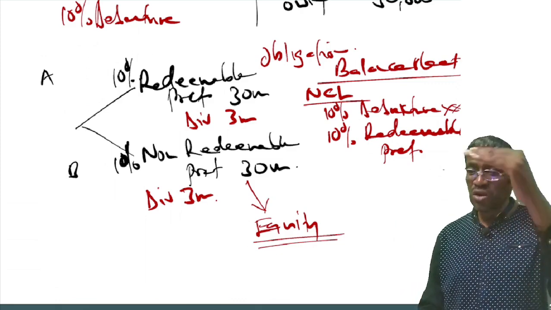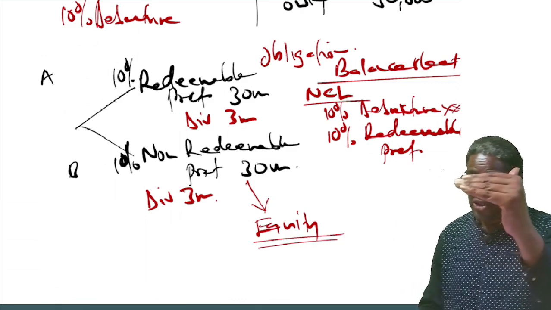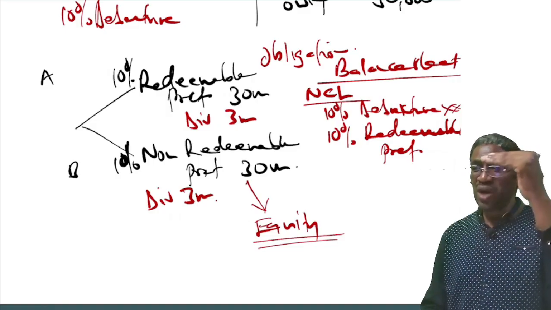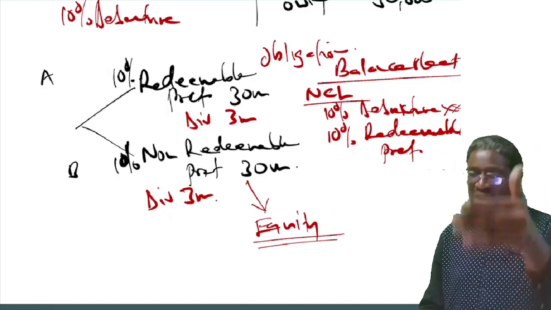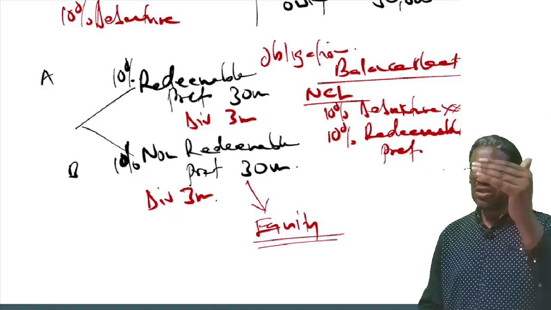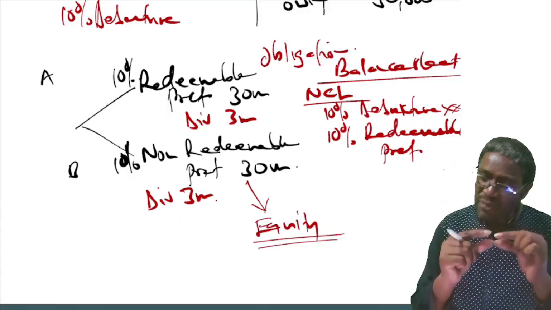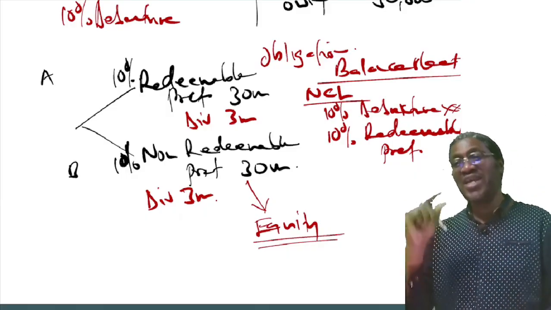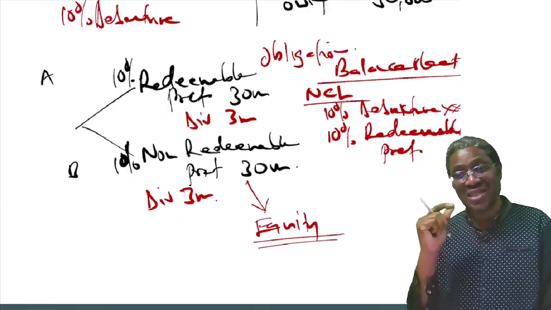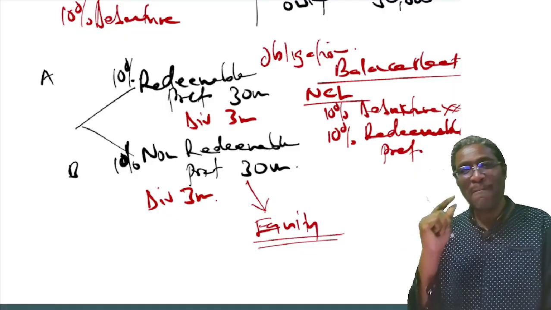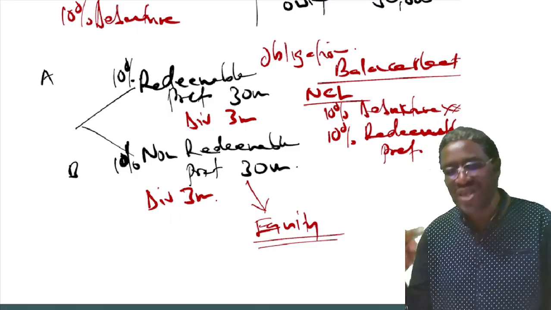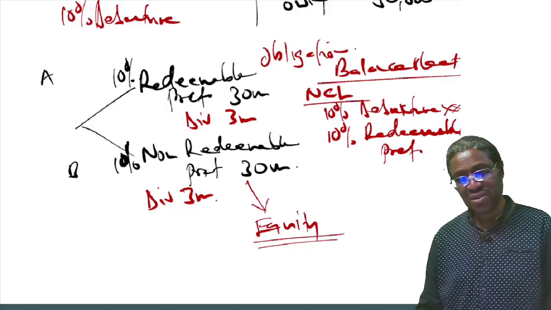Where you got the profit before tax, if you are doing financial accounting in section 1, you say profit after tax, less dividends, transfers to reserves, and so on. That's where the dividend of the preference would come in for the non-redeemable. That 3 million for Company B becomes an appropriation of profit.